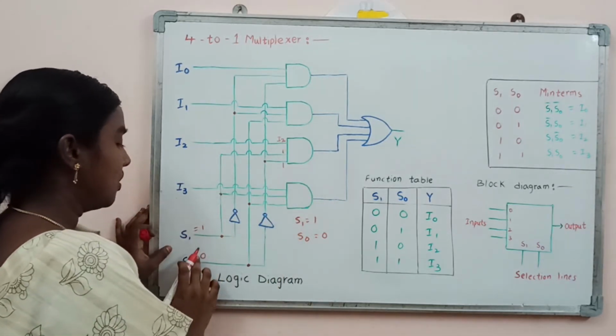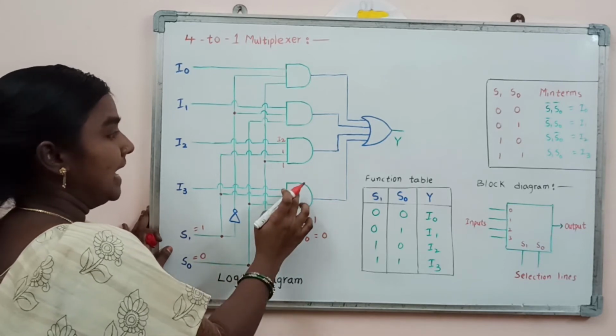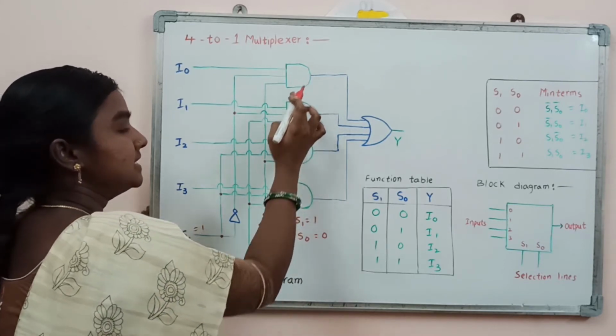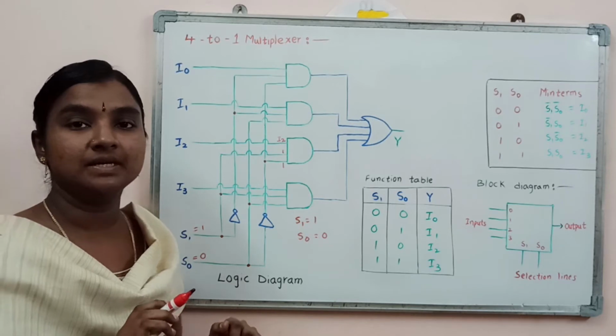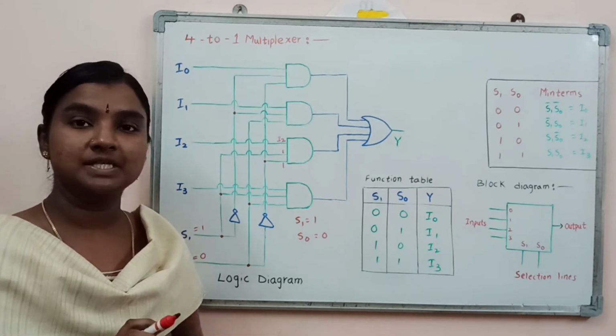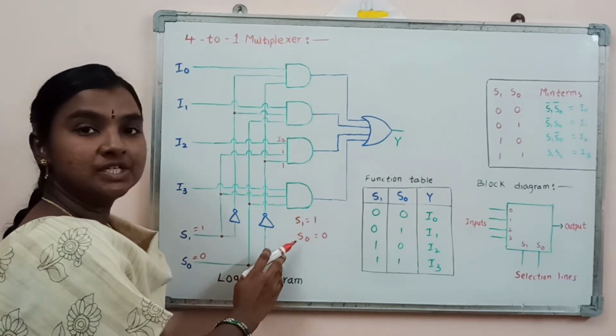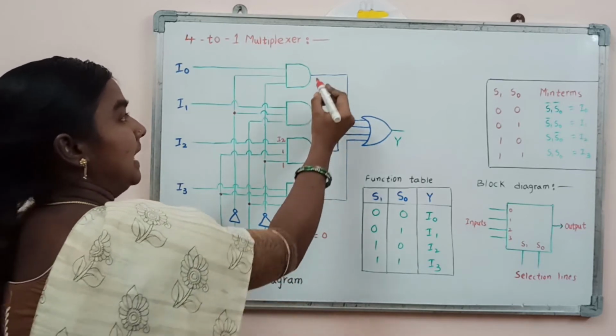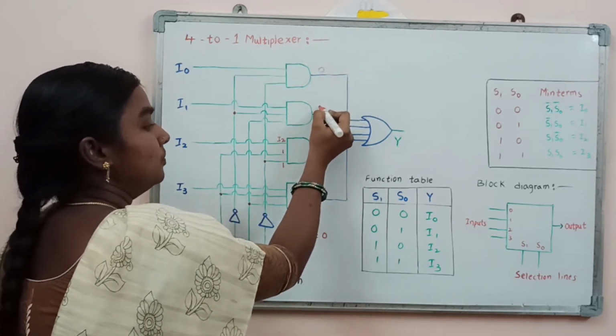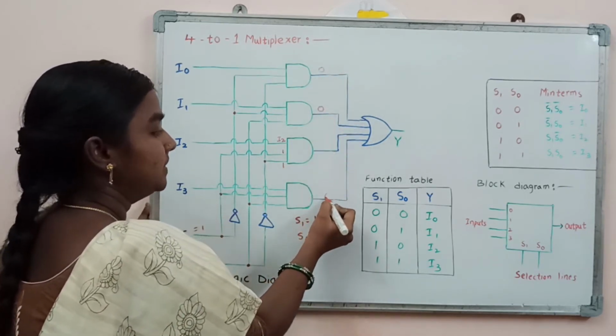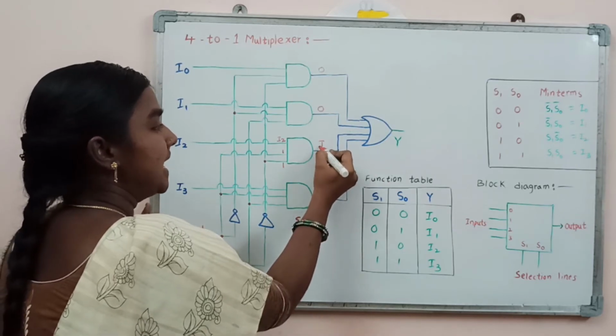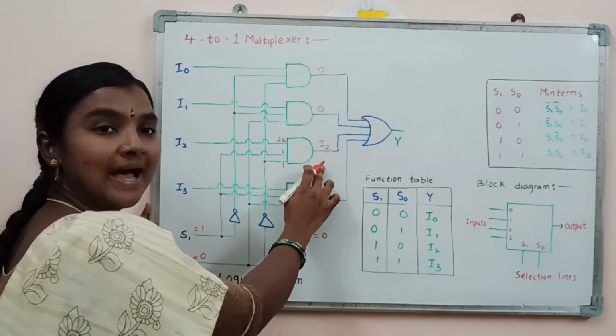Now for this combination, the other 3 AND gates have at least one input equal to 0. So the other 3 AND gate outputs are 0, and only this AND gate output is going to be I2.